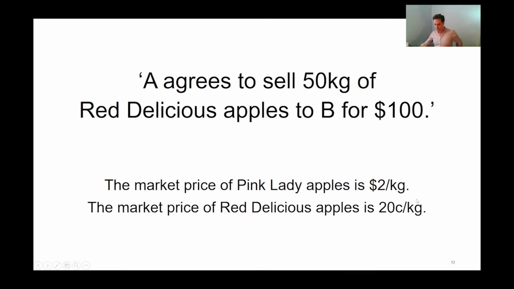A sale of red delicious apples would be a sale at 10 times the market price. Is that enough to establish that, despite using the words red delicious apples, and the words red delicious apples can only really mean red delicious apples, these parties objectively intended a sale of pink lady apples? I don't think Party B can. That would allow Party B to escape from a bad bargain.